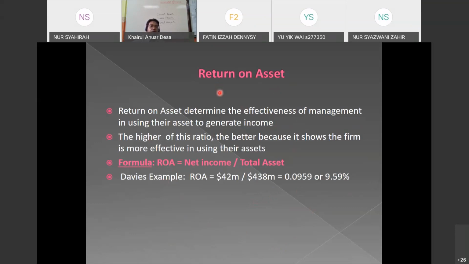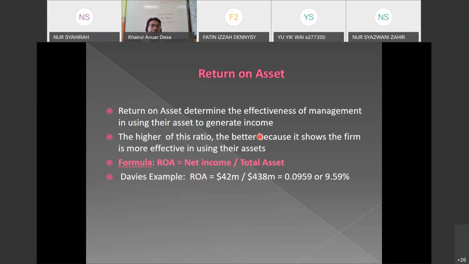Okay, what is the return on asset? Return on asset determine the effectiveness of the management using their asset to generate income. Di dalam pengukuran return on asset atau kita panggil dia ROA, kita nak tengok berapa cekap syarikat menggunakan aset untuk memperolehi pulangan.